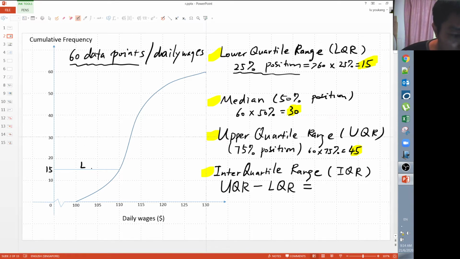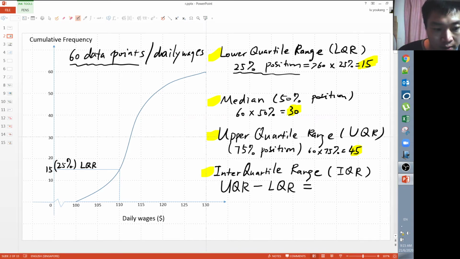You can mark this as your 25%, or your lower quartile range, and then you just read this value off the horizontal axis. You might not need to write this, but it's good to write it down in pencil, so that if you make any mistake, you can come back and erase it.